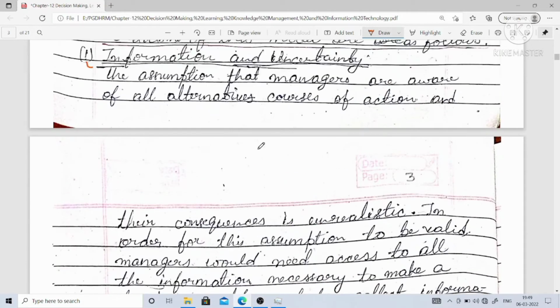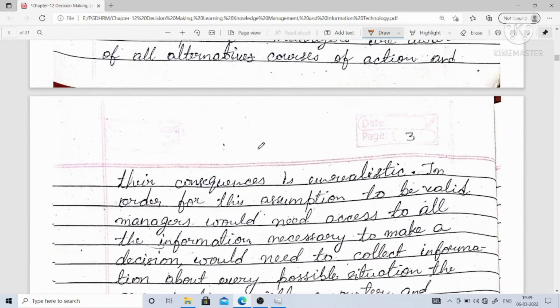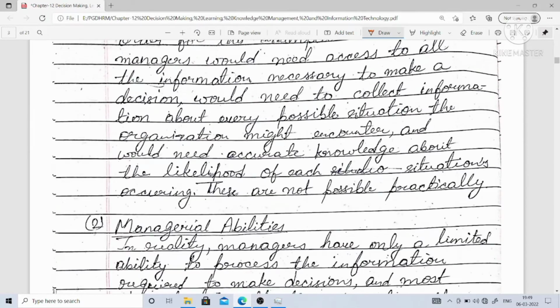So that assumption is not realistic. In order for this assumption to be valid, managers would need access to all the information necessary to make a decision, would need to collect information about every possible situation the organization might encounter, and would need accurate knowledge about the likelihood of each situation occurring.